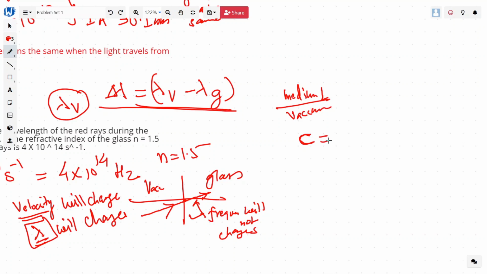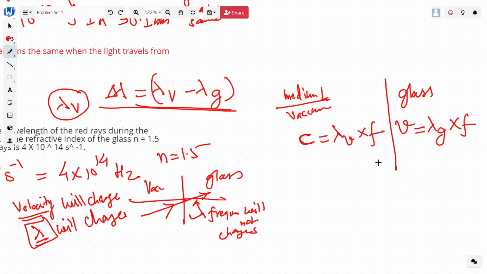This will be equal to lambda V into f. Correct? Now, when the ray of light enters the medium glass, it will have a velocity, it will be lambda glass, but the frequency will remain the same.